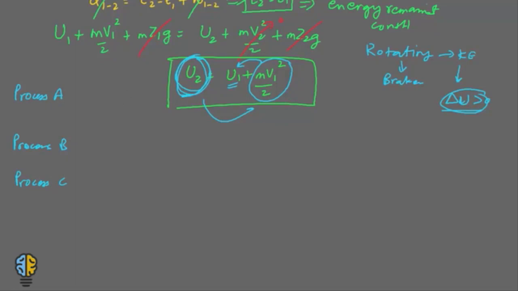Now let's take the case of process A first. Process A says that initially, let us say the wheel and the brake are at high temperature, which is the result of the absorption of the kinetic energy of the wheel, and the flywheel is at rest. So process A is the condition of the system after the braking is complete.